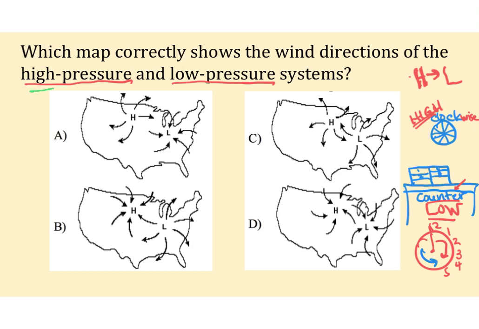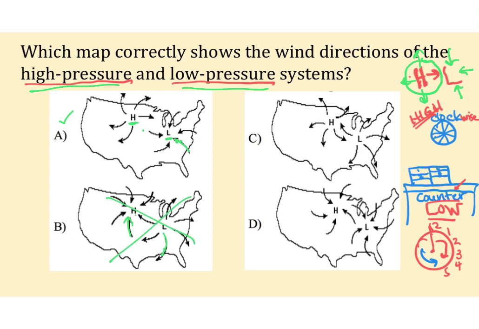So when I get these questions, the first thing I think about is whether the air is going into or out of. Because I know for high pressure systems, it's going out away from the high and toward the low pressure system. So that's the first thing that I look at. In A, it's going out for the high pressure, and for the low pressure, it's going in. So I know that's a possibility. For B, it's going into the high pressure system and out of the low.